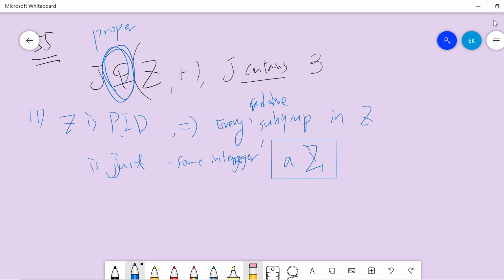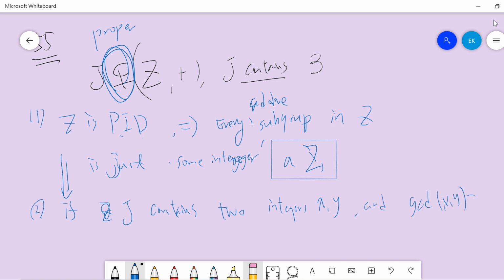And this also tells you that if any subgroup J contains two integers x and y, and the GCD of x and y is 1, that means the subgroup J contains two integers that are co-prime to each other, then J must be the whole Z, right?